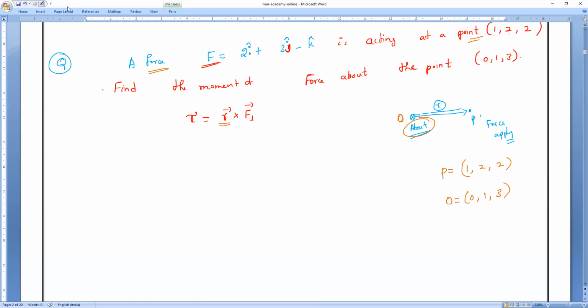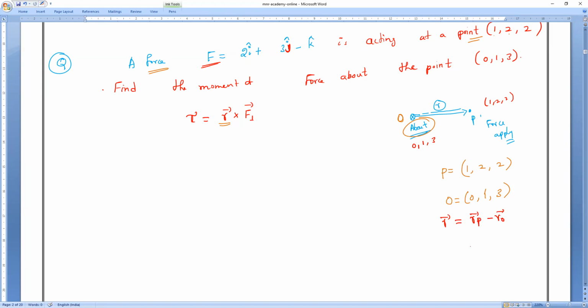For calculating R, there is a formula which we studied long back. This point is 0 comma 1 comma 3 and this point is 1 comma 2 comma 2. R is equal to RP minus RO.